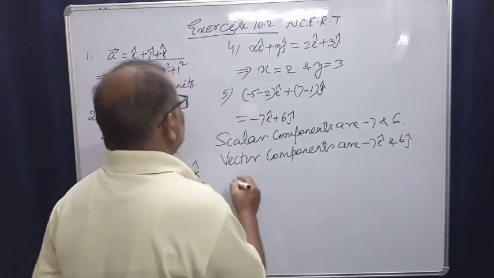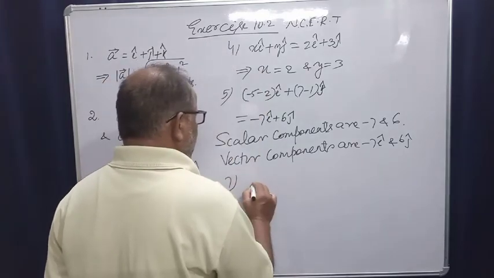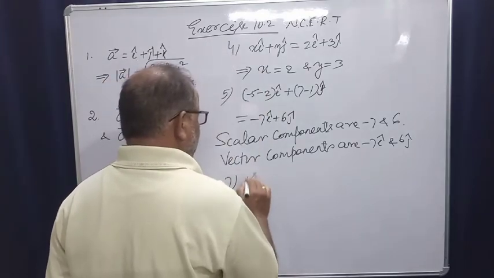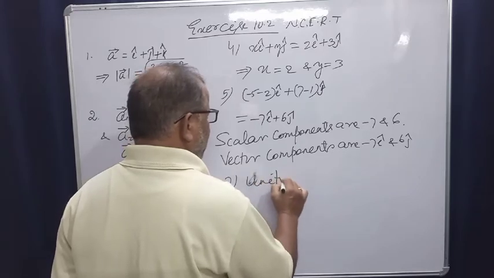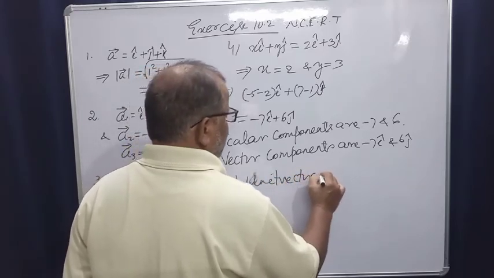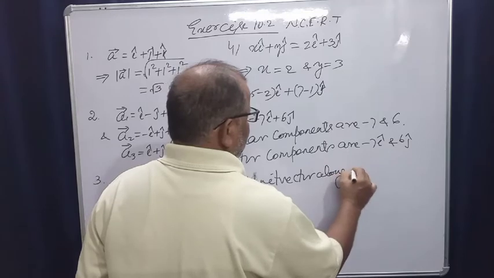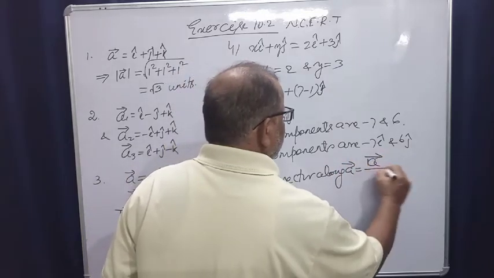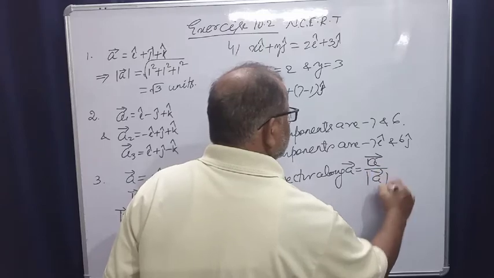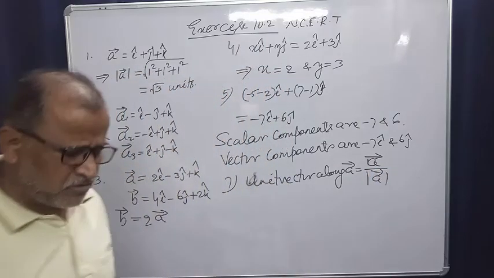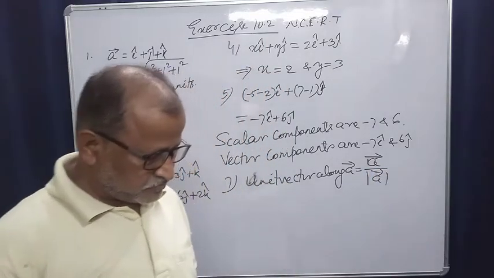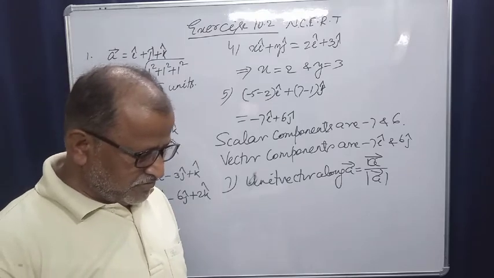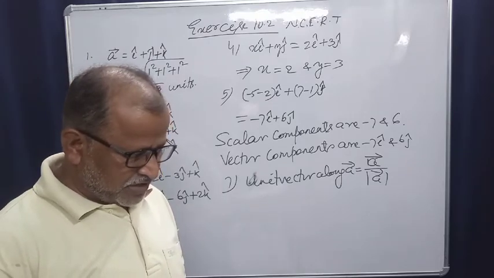Number 7, how will you get the unit vector? Unit vector along A is equal to vector A divided by its magnitude. Very simple, you can do it. Then number 8, find the unit vector in the direction of PQ.